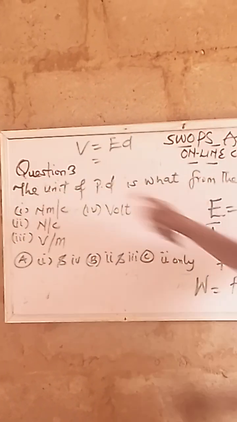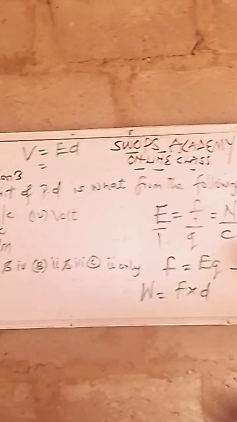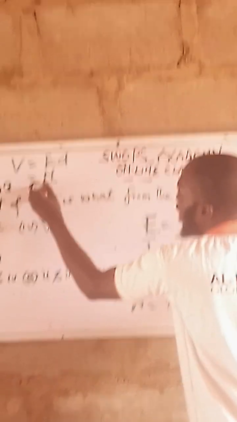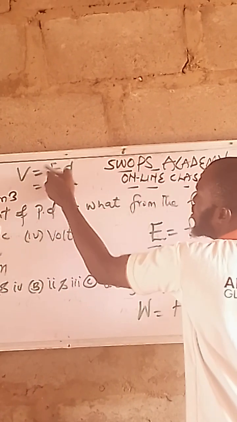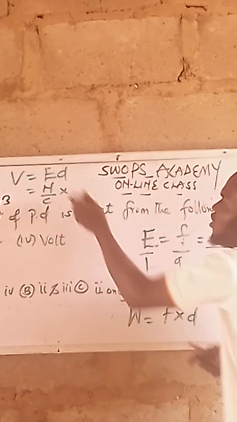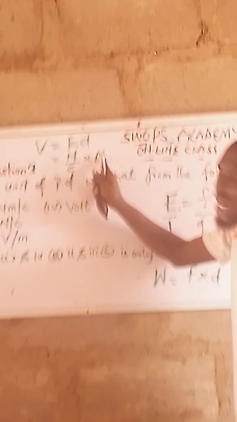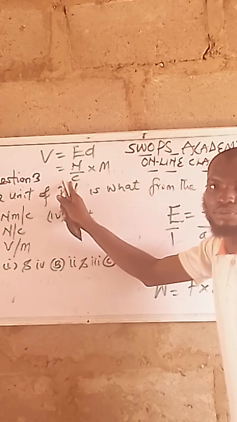I told you that V equals ED. Wherever I'm seeing E, the SI unit is Newton per coulomb, times D, whose SI unit is meter. Newton times meter gives us Newton meter per coulomb.